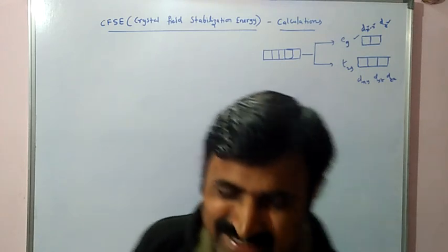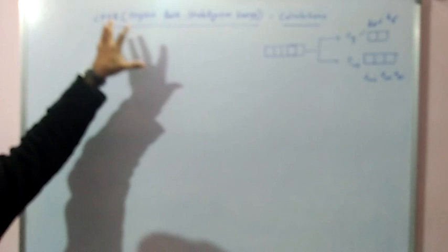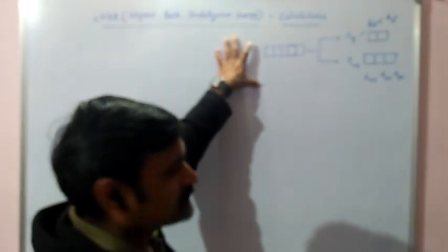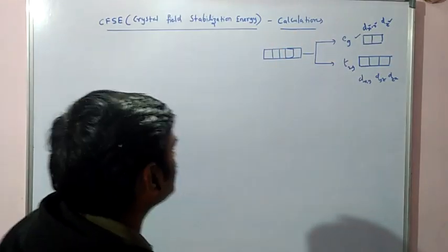But in this present discussion, crystal field stabilization energy is interrelated with the pairing of electrons in these Eg and T2g orbitals.